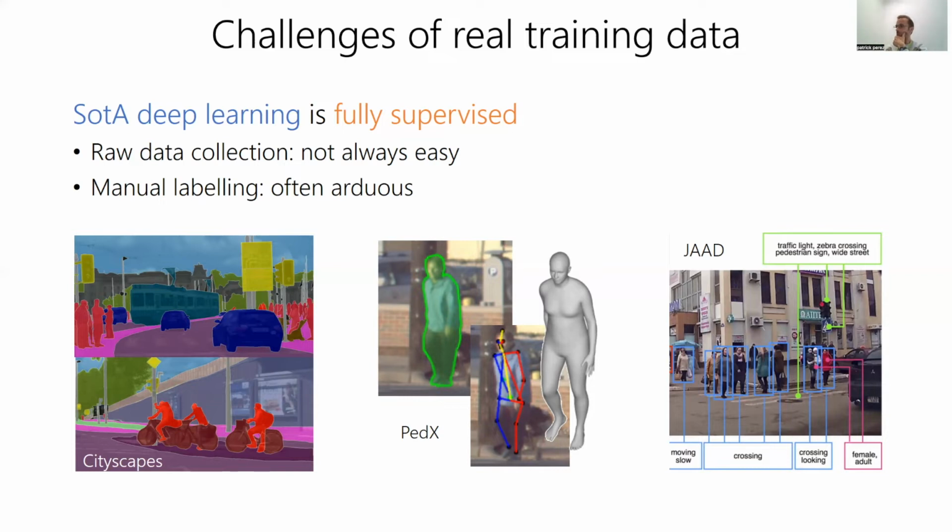Another example, which is actually close to the collaboration we had with Alexandre last year, is the detailed analysis of pedestrians, where you want to predict a lot of attributes about each single person on the street.